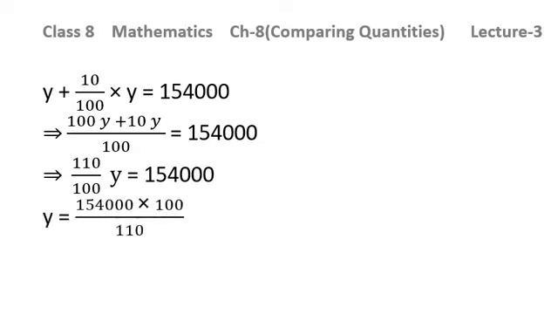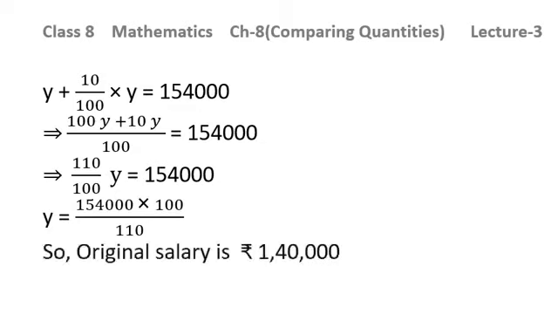So Y will be equal to 1,54,000 into 100 over 110. After solving, you will be getting the original salary as 1,40,000. So 1,40,000 plus 10% increase, that is 10% of 1,40,000, will give you the total salary of 1,54,000.